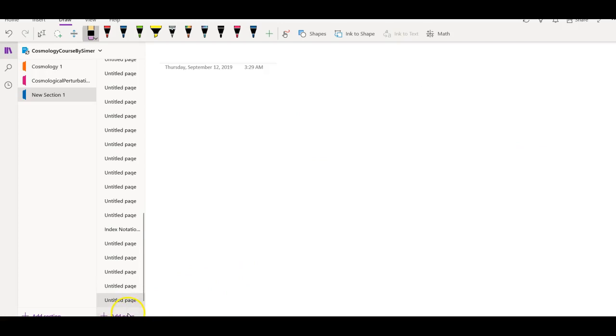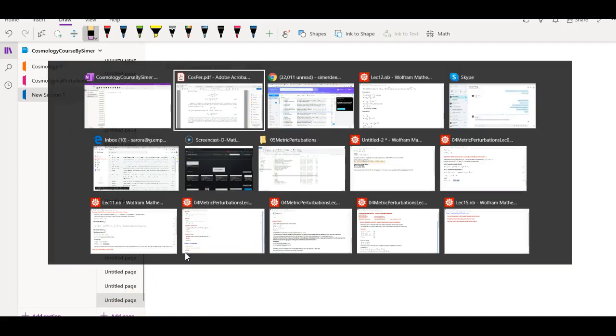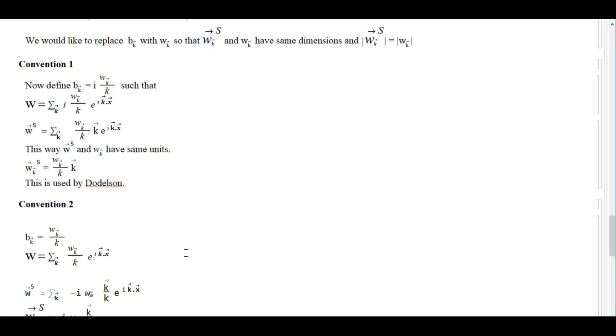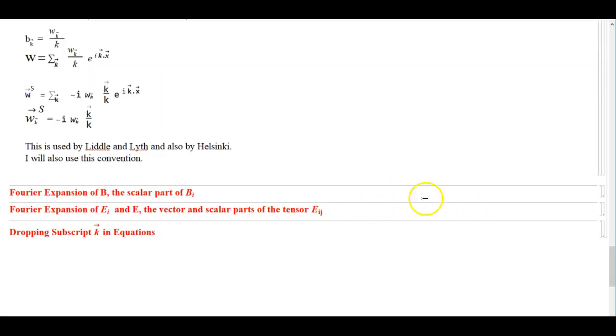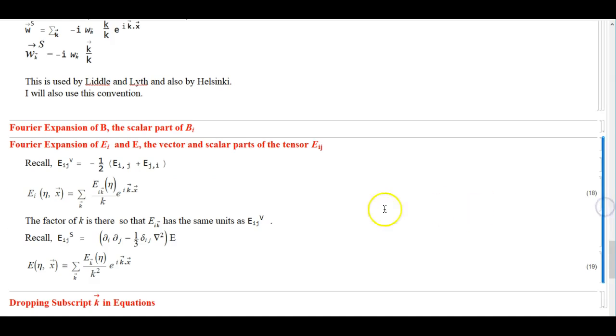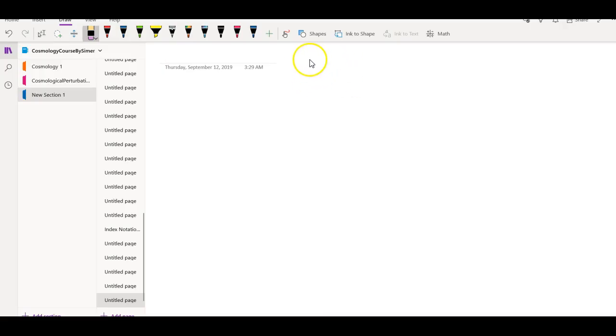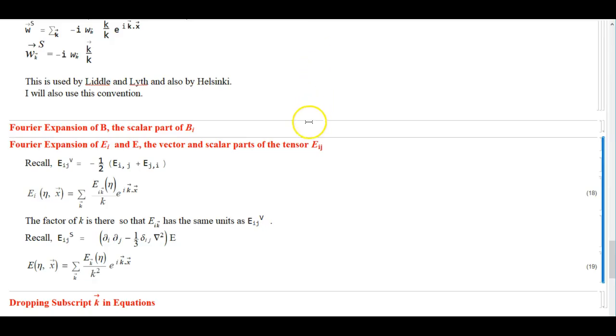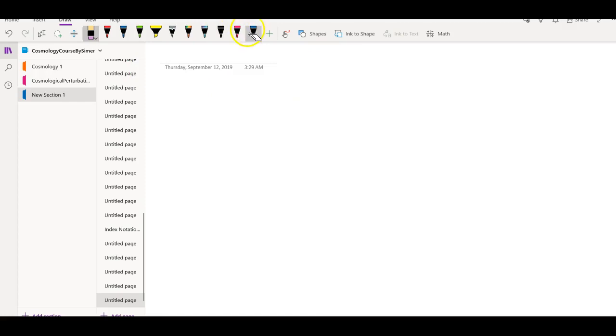Okay, now let us look at so we have seen the expansion of B. Now we need to see how we are going to expand the scalars and vectors extracted from the Eij tensor.